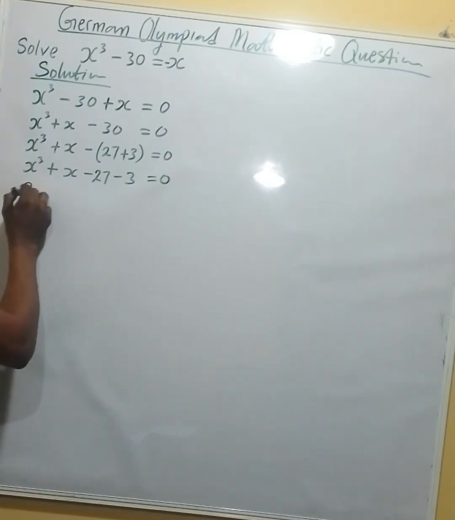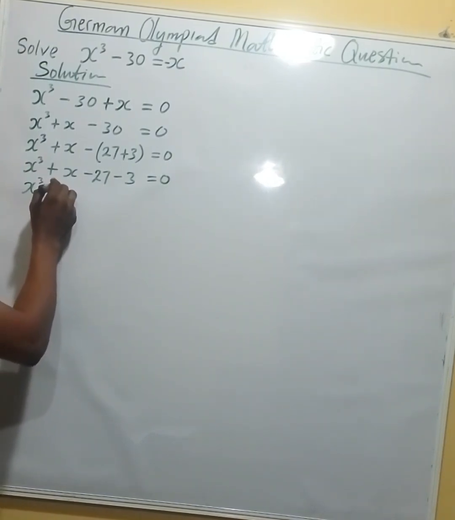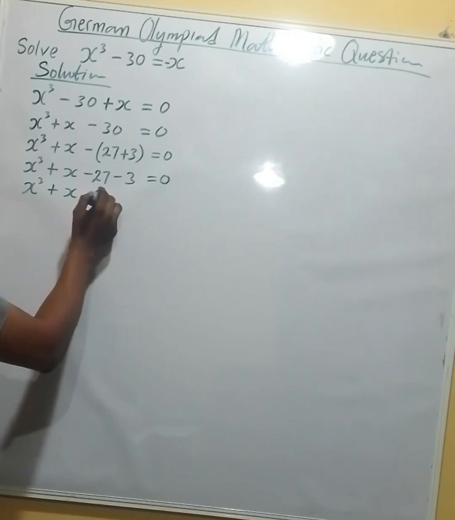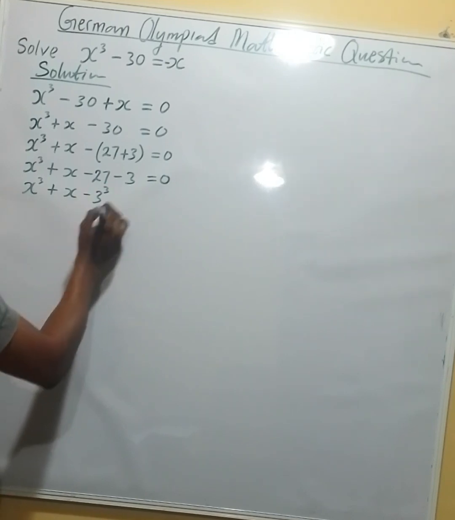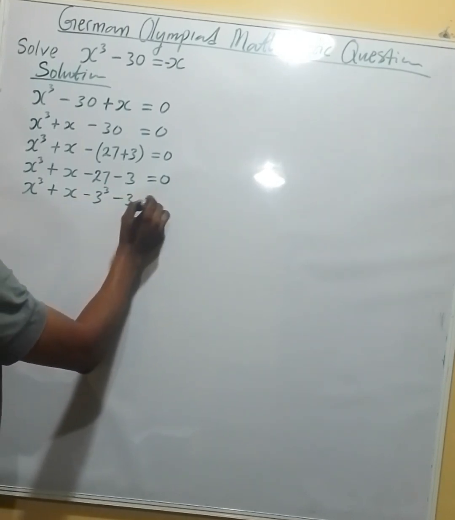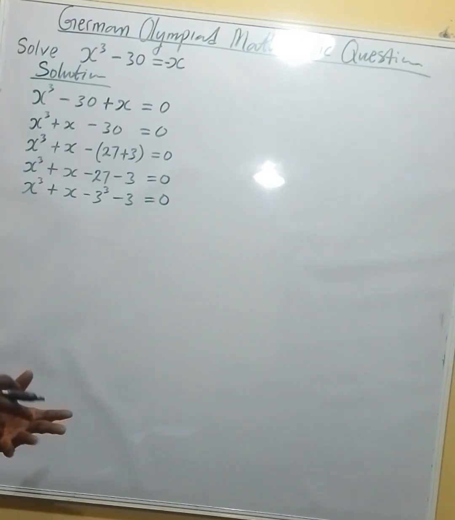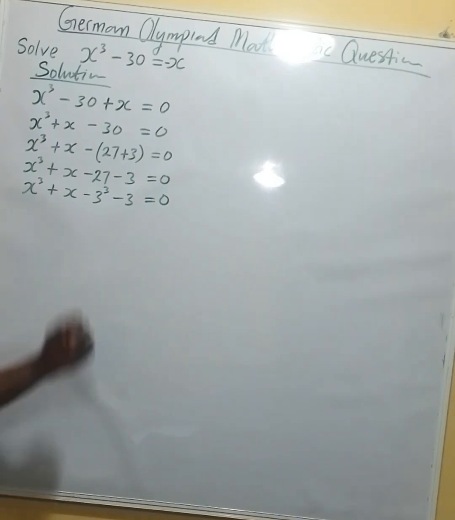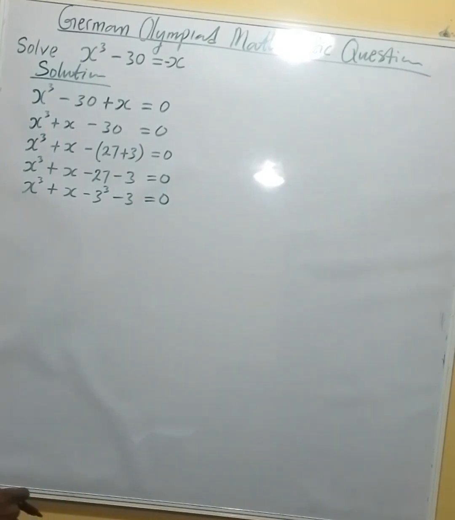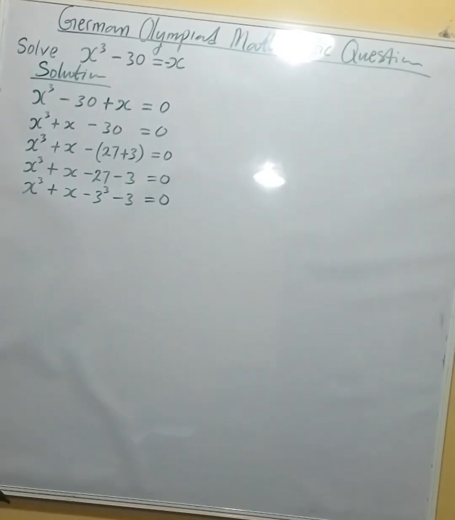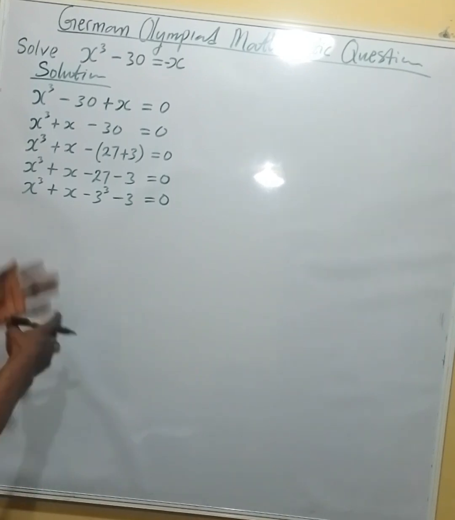So it will now give us x raised to power 3 plus x minus 3 raised to power 3 minus 3 equals 0. Because 3 raised to power 3 means 3 times 3 times 3: 3 times 3 is 9, 9 times 3 is 27. So we are correct.